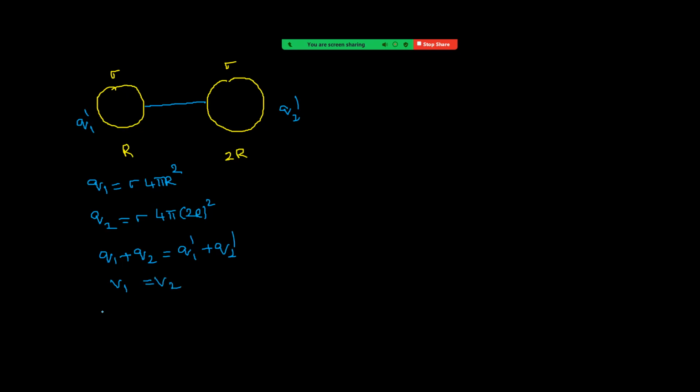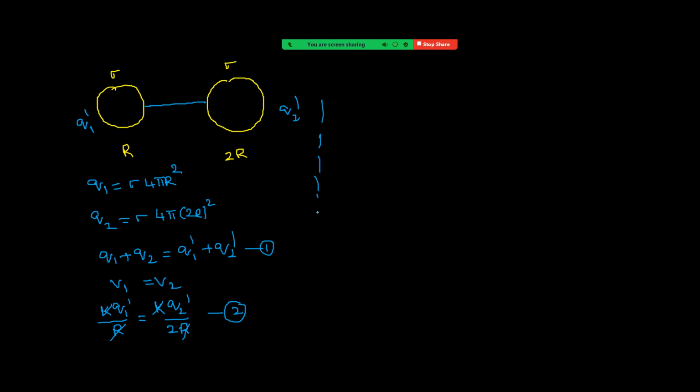That means K Q1 dash by R should be equal to K Q2 dash by 2R. The potential on the surface of a conductor is KQ by R, right? Now this is equation 1 and this is equation 2. So here K gets cancelled and R gets cancelled.